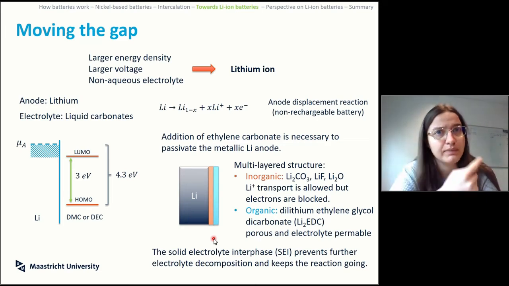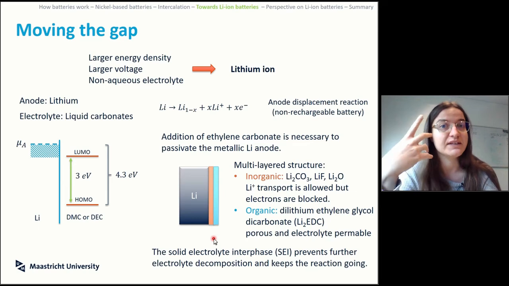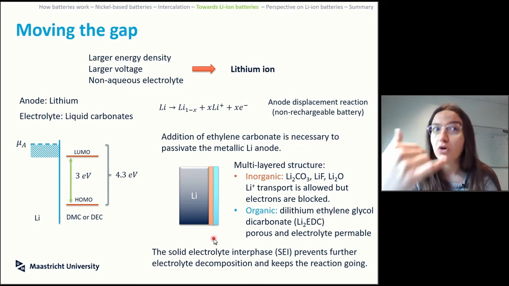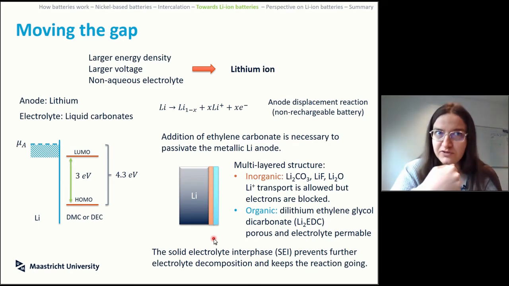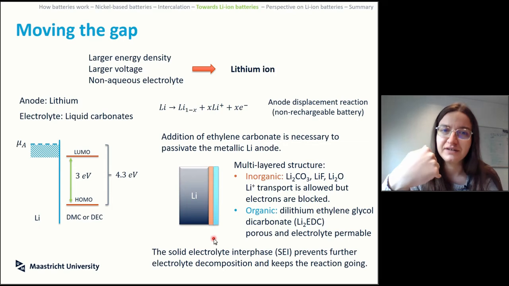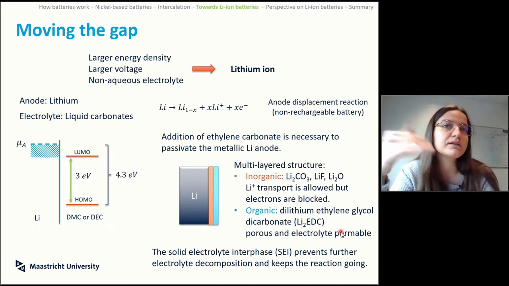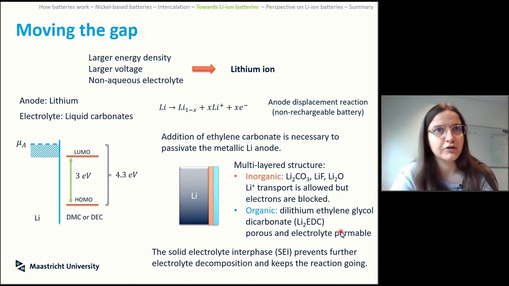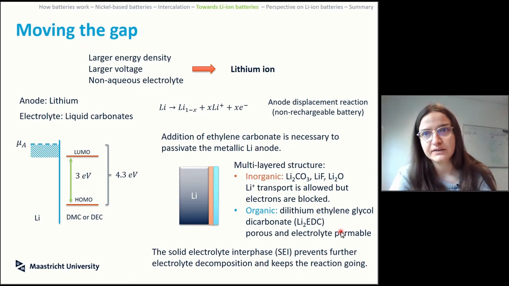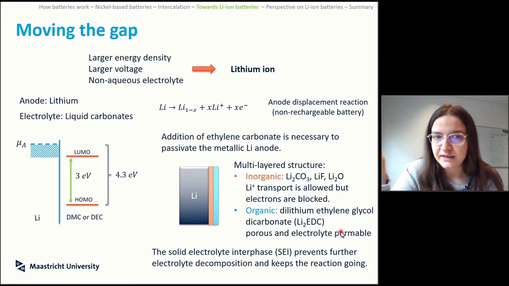You can actually bring it out, so the mass transport is allowed. The electrons are blocked, which is very important because your electrolyte must not conduct electricity. And then the rest of this thing ends up being organic dilithium ethylene glycol, and it's nice and it can actually drag your lithium around and bring it potentially to another side.